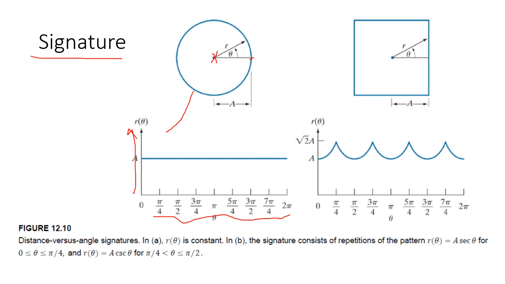For a circle, the signature is a straight line, whereas for a square, the signature is a wave with 4 peaks, which represent the corners of the object.